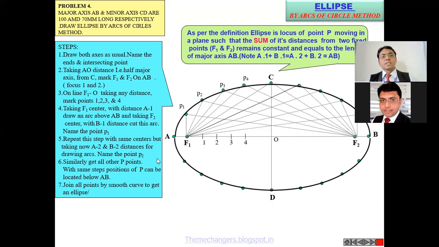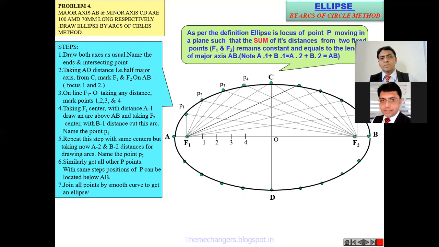This method is called the arc of circle method because we are taking the AO distance, half the major axis, from C and marking F1 and F2 on A to B, focus 1 and 2, on the line F1 to O, the same distance, making a distance mark from 1 to 3 and 4.